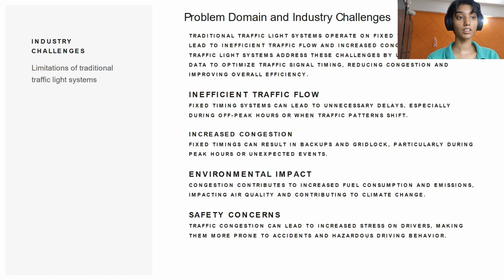Then the environmental impact: congestion contributes to increased fuel consumption. You need to protect the resources which are given to us. Fuel consumption takes a toll on your pocket when you're traveling, and you see these kinds of situations occur in real life all the time.